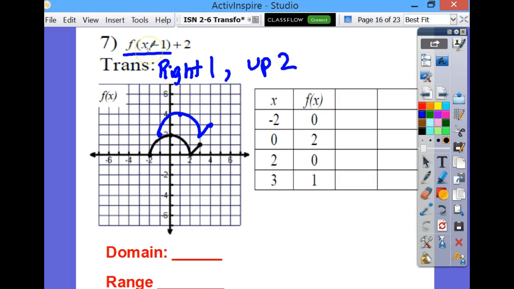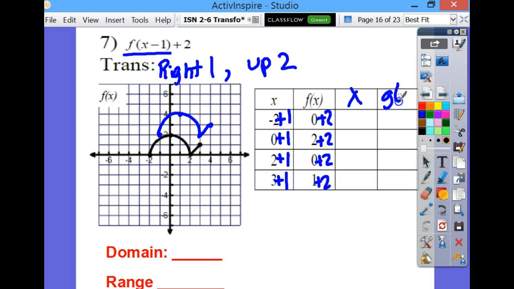This says x minus 1, but over here with my x, instead of minus 1, I add 1. Because x is a liar, you always do the opposite of what it tells you. This is plus 2, so you would add 2.